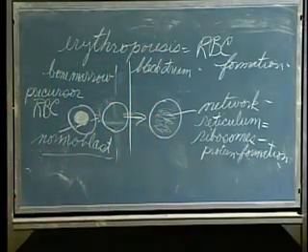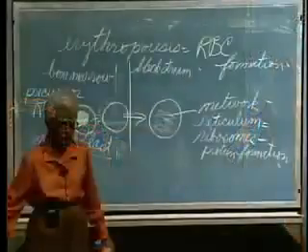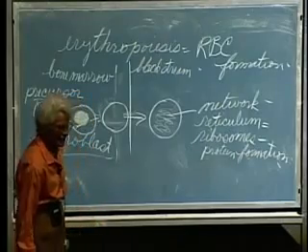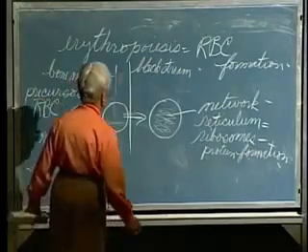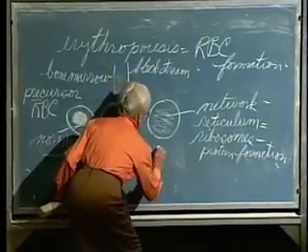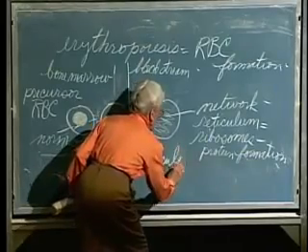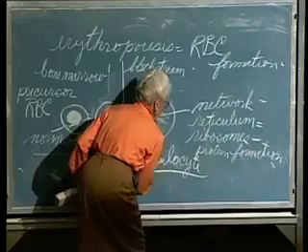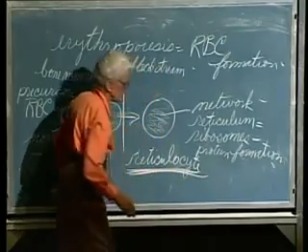Now, what are you going to call these cells if they've got a reticulum? You know, you can use the term cyte, so what are you going to put before cyte? Reticulocyte, sure. Figure it out, think of it. Right, good for you. Reticulocyte. So you have reticulocytes.